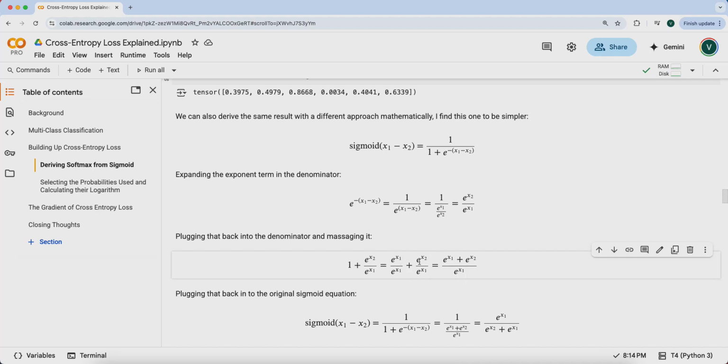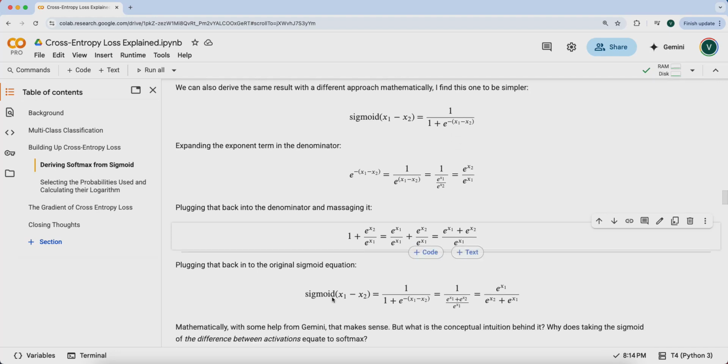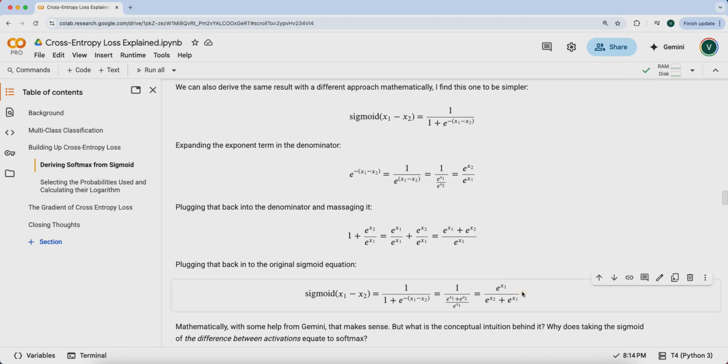E to the x1 plus e to the x2 is our numerator. So the denominator in the sigmoid is this term here. And if we plug that back in here, 1 over that, we just flip it, and we get our softmax for our x1 activation. So this is a much cleaner, 4 steps, a lot less algebra. Well, no, this would be algebra going on, so a lot more straightforward. Definitely the more preferred option.